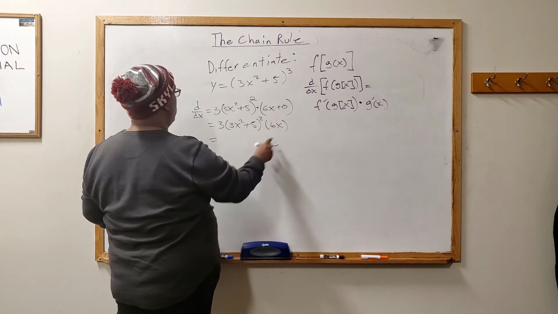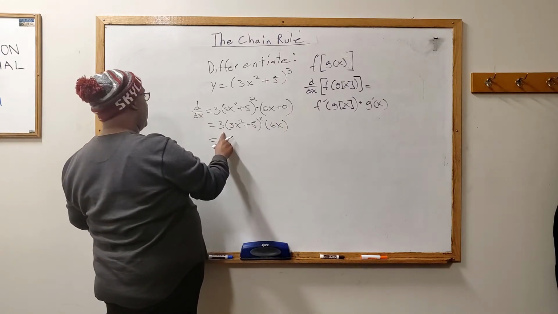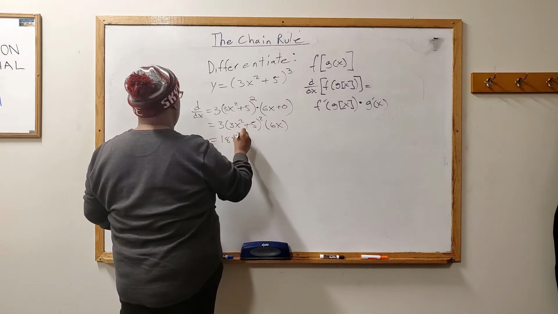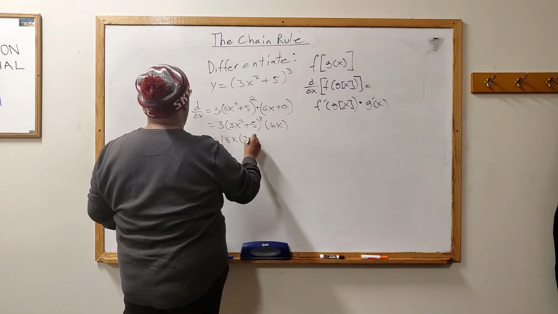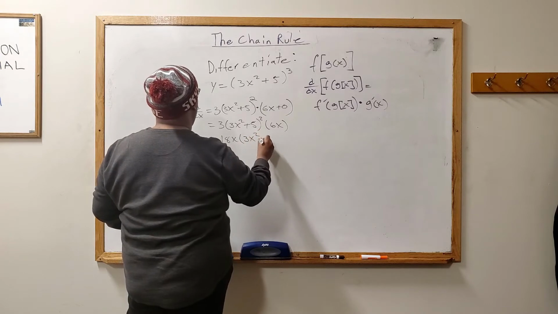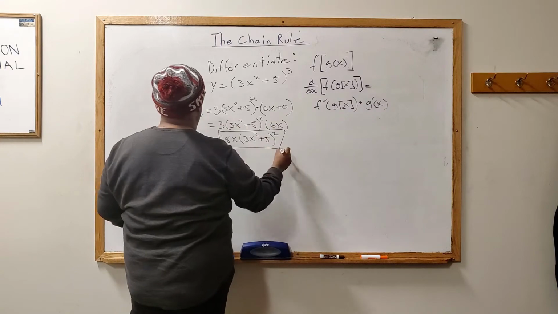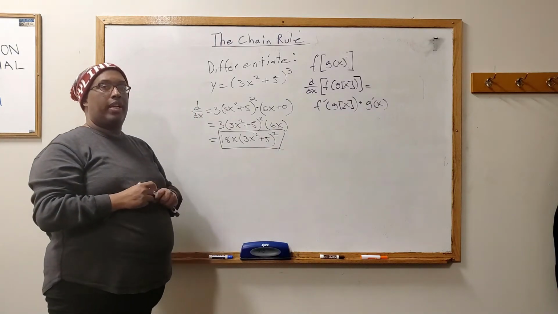Simplify a little bit more, take this, multiply to this, and that gives us 18x times the quantity 3x squared plus 5 squared. That's the answer. And I'll be back with another example.